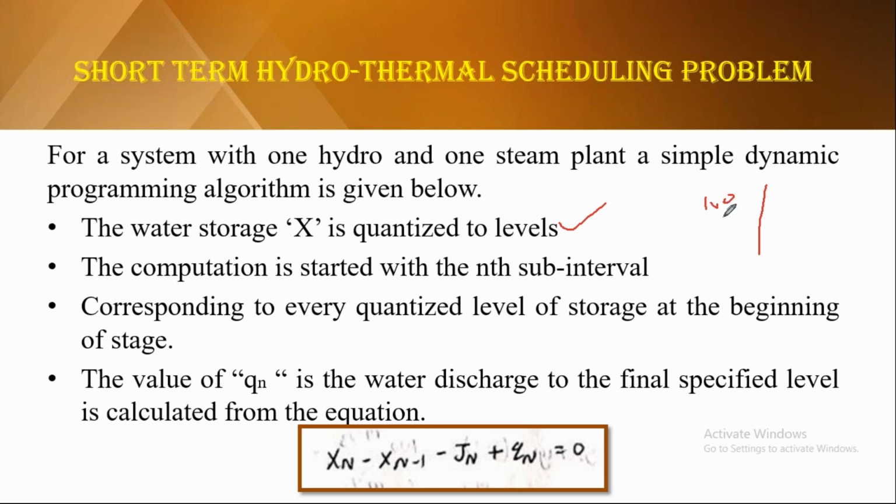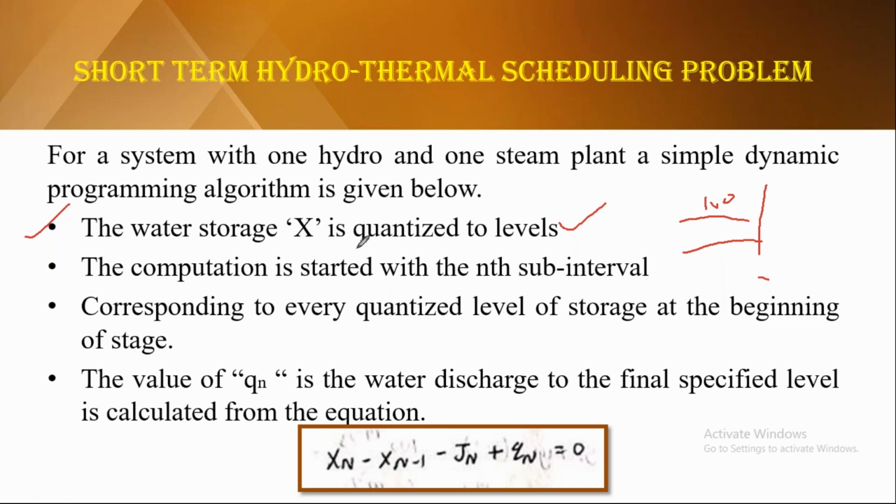Based on the levels, we categorize how much water is available at level 1, at level 2, at level 3. Based on this, we can generate the power. That is the first point: the water storage X is quantized into levels. We have to divide the storage capacity into a number of levels.